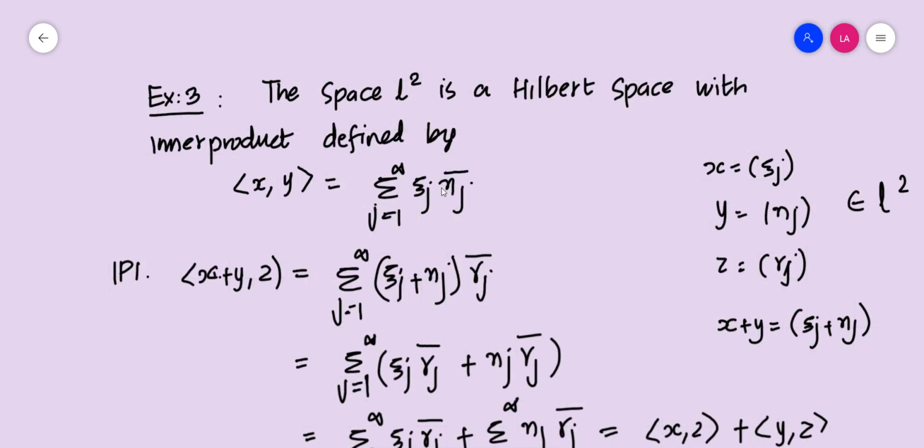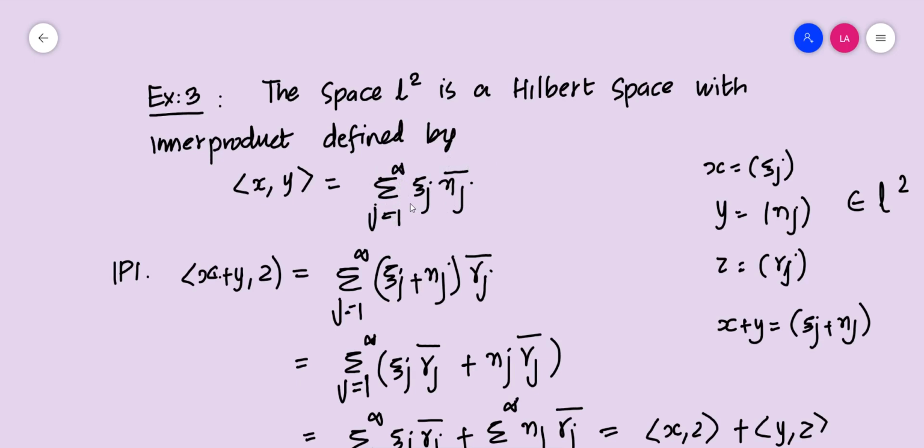We know that this sum is actually defined, and this is a finite number, which can be obtained by the Cauchy-Schwarz inequality in the case of the L2 space. Only when this is a finite number does this sum exist.